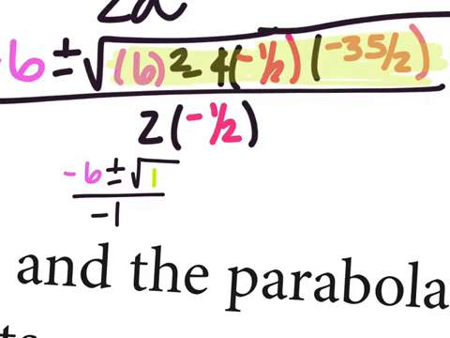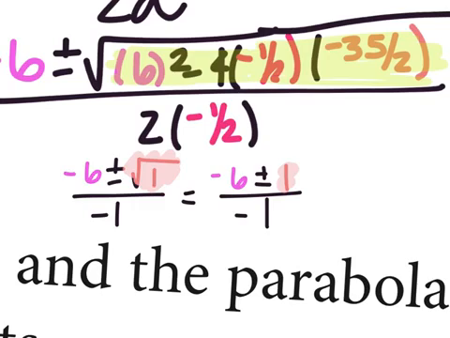We want good stuff. So anytime we can take the square root, this problem is really negative 6 plus or minus 1 divided by negative 1, because the square root of 1 was 1. So when I take the square root, remember that square root symbol is no longer there.